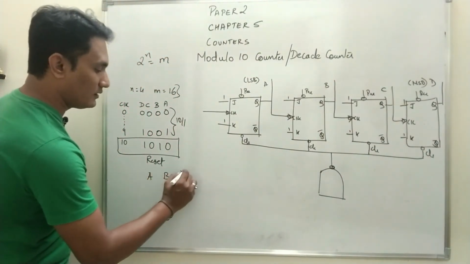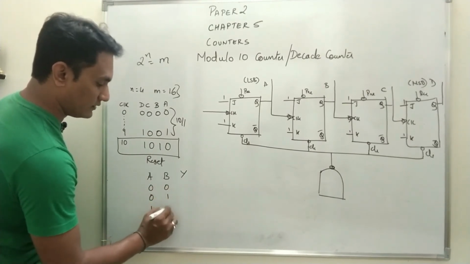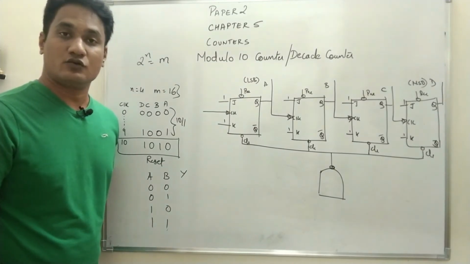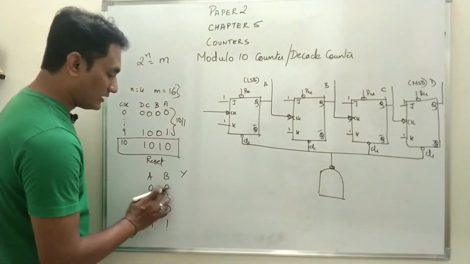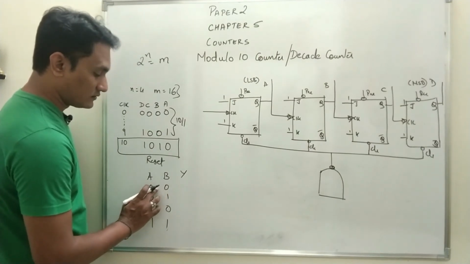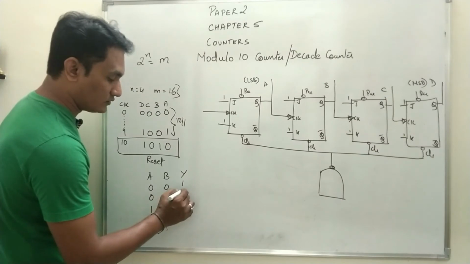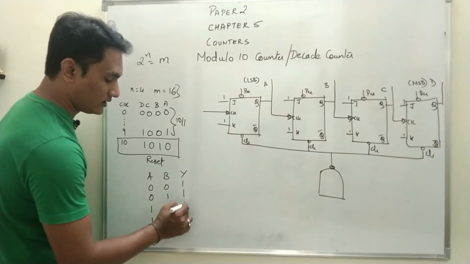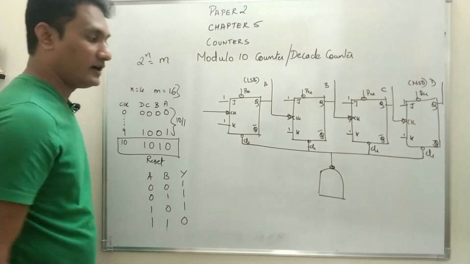A, B, Y: 0 0 gives 1, 0 1 gives 1, 1 0 gives 1, 1 1 gives 0. So a NAND gate is exactly opposite to that of an AND gate. Multiplication, then inverse: 0 into 0 is 0, inverse 1; 0 into 1 is 0, inverse 1; 1 into 0 is 0, inverse 1; 1 into 1 is 1, inverse 0. So this is the output of a NAND gate.